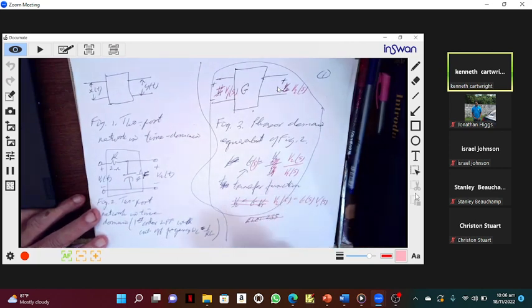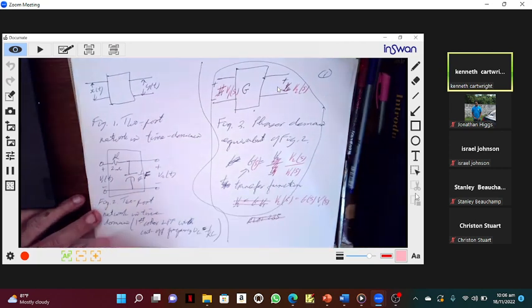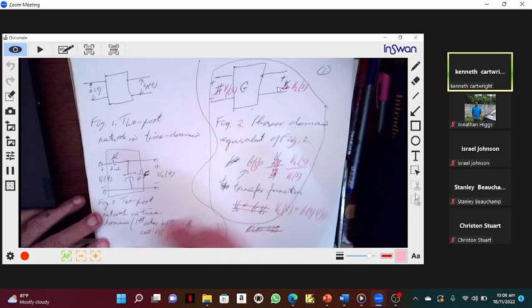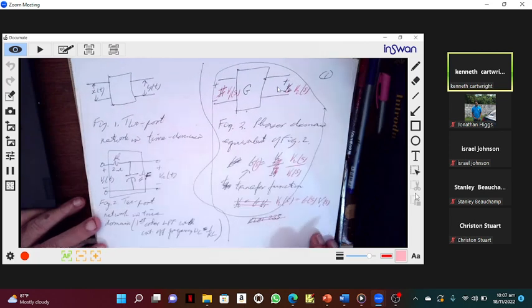I'm saying it's the same philosophy, except that now, instead of talking about phasors, we're talking about Laplace transforms.